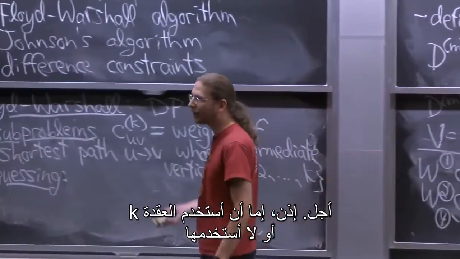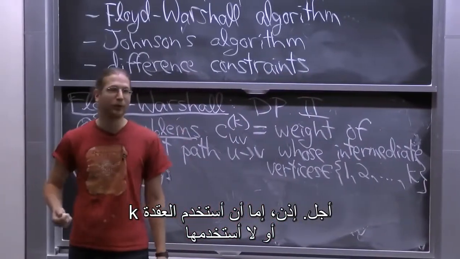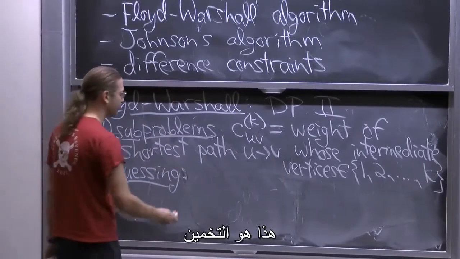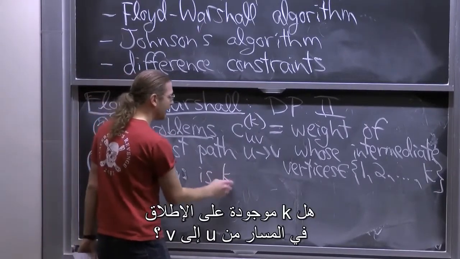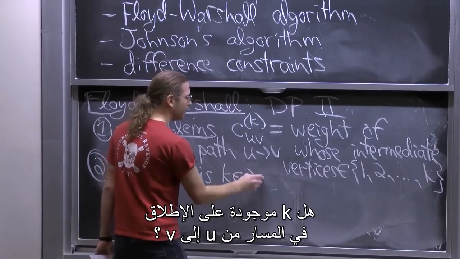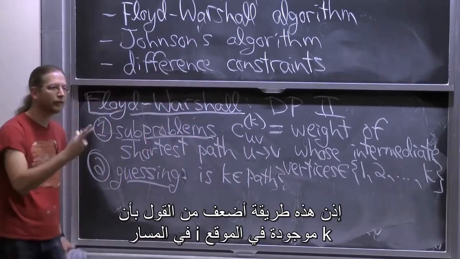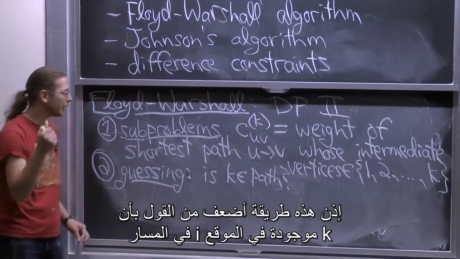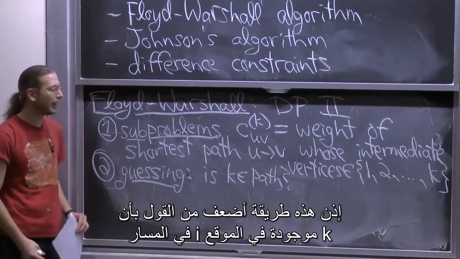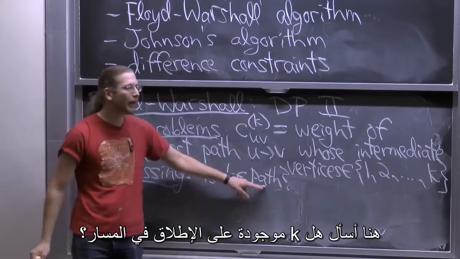Yes. So either I use vertex k or I don't. That's the guess. Is k in the path from u to v at all? So that's a weaker thing than saying k is at position i in the path. Here I'm just saying, is k in the path at all?